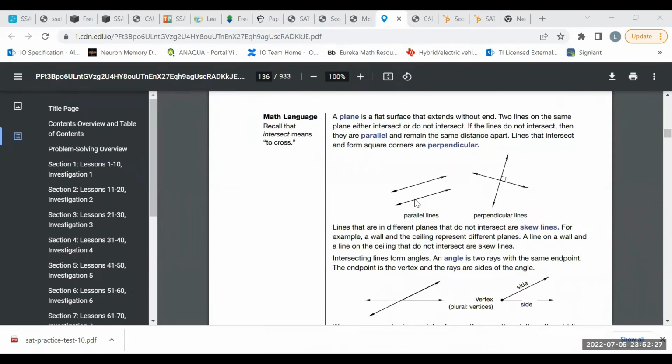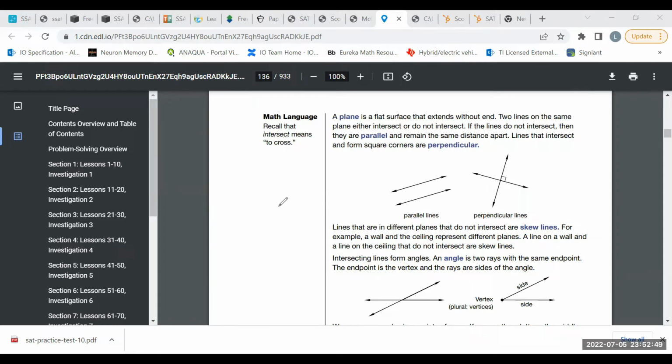Okay, now we'll start talking about different kinds of lines, what's their relation, etc. Starting with a plane. What is a plane? A plane is a flat surface that extends without any end. Two lines that are on the same plane can either be parallel or they can intersect.